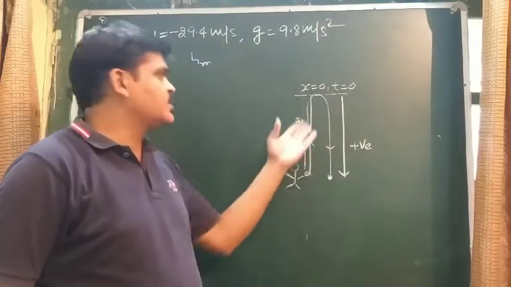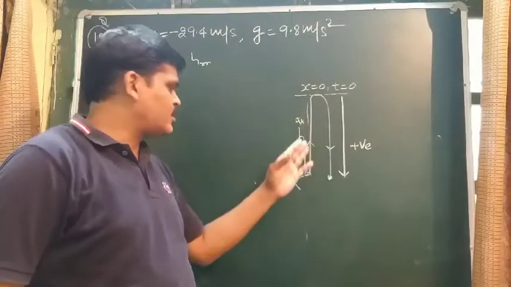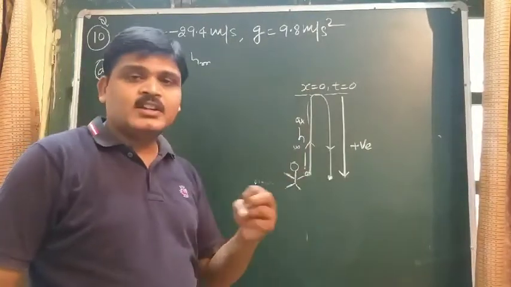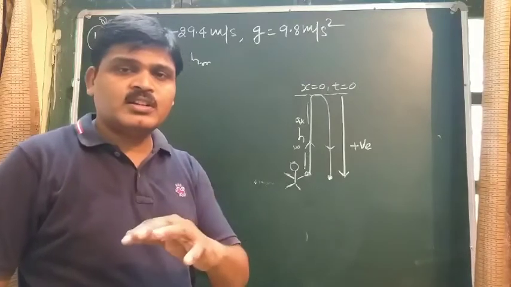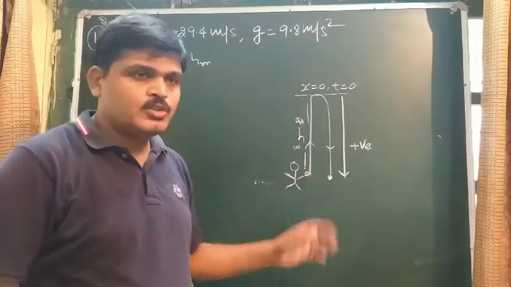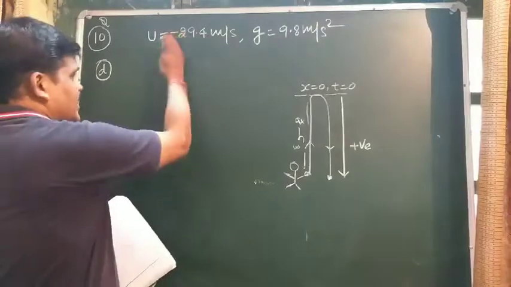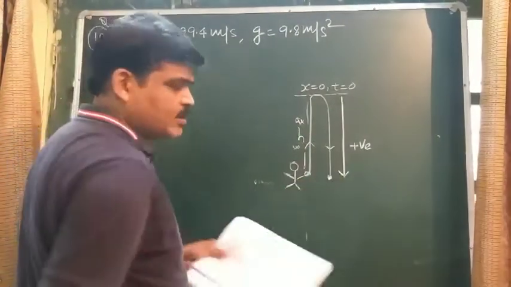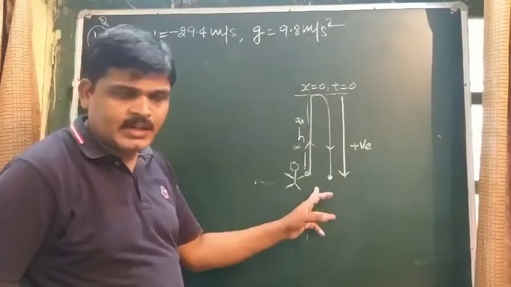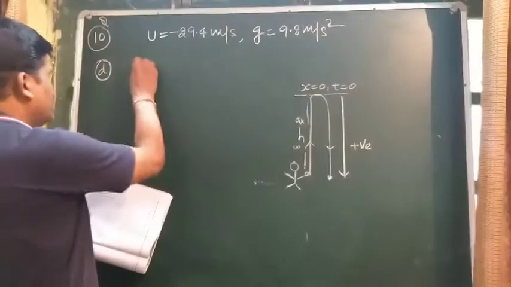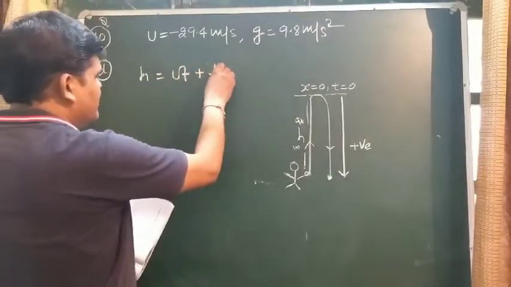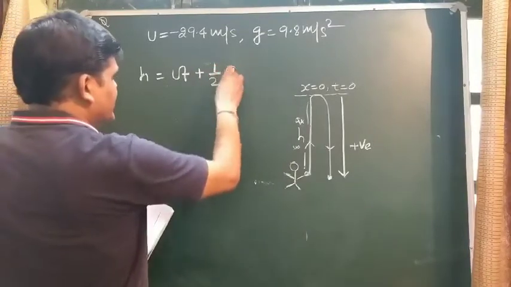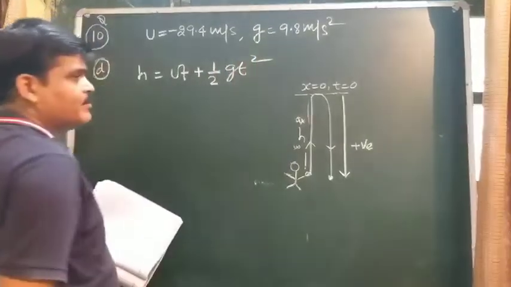When the ball is thrown vertically upward and returns to the thrower's hand, it means displacement of the ball throughout the journey is 0. So let t be the total time taken by the ball to return to the thrower's hand, and we use the formula h equal to ut plus half gt square, student.